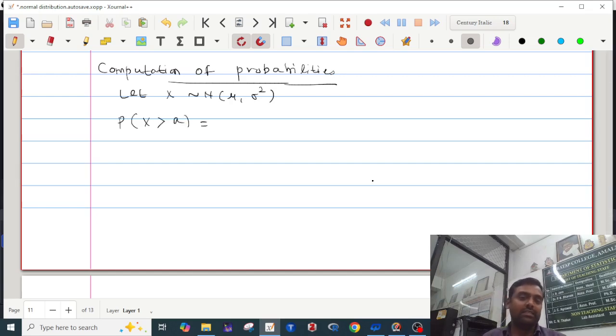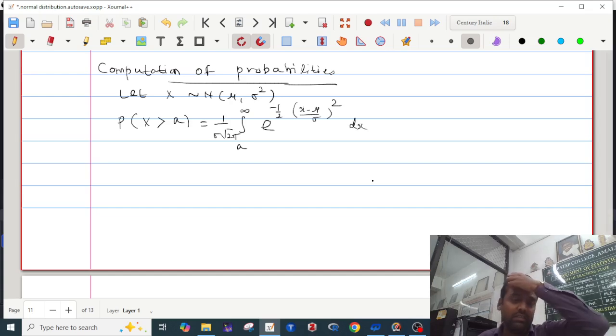As this is a continuous distribution, we find this probability by taking the integration from a to infinity of 1 upon sigma under root 2 pi e raised to minus 1 half, x minus mu upon sigma, bracket square, dx. So we have to solve this kind of integration, which is quite difficult to solve. This difficulty is overcome if we use the statistical table.